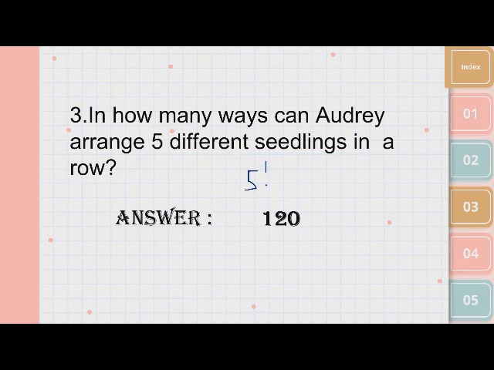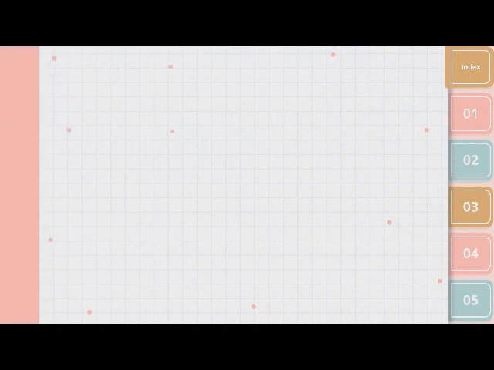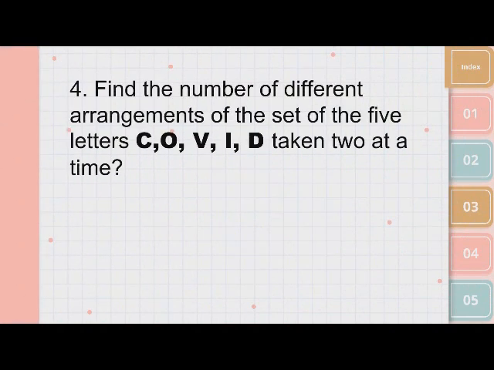Very good. So let's proceed now to the next one. Find the number of different arrangements of the set of the 5 letters COVID. Wow, COVID. Okay. Taken 2 at a time.